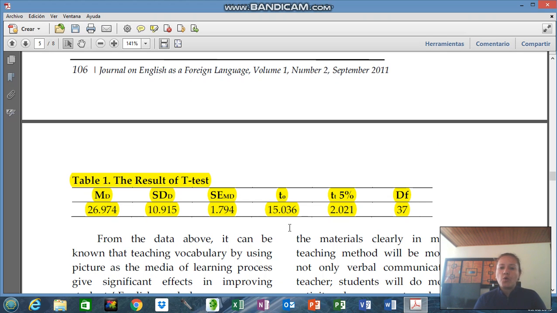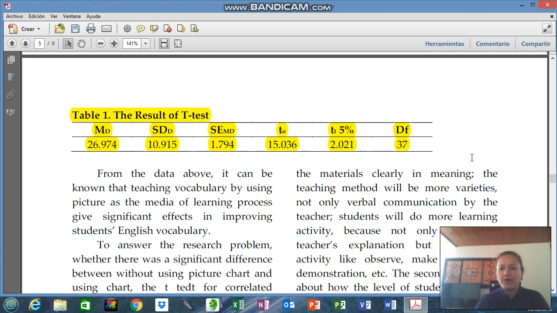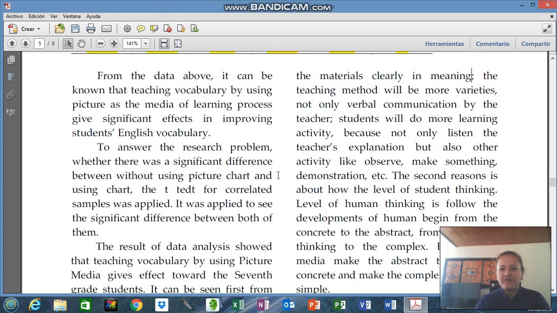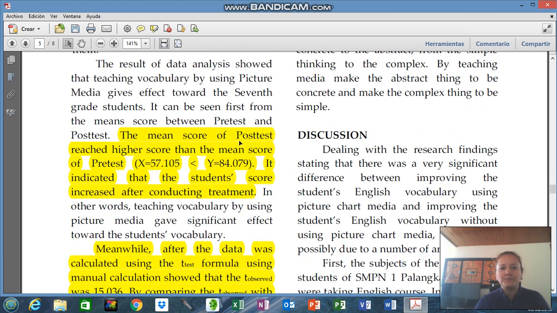the research applied the quantitative method, because we had all this data, all these samples, and the results are very specific. Like right here in table 1, the result for the t-test is really specific, and we could go down. Here's some explanation.